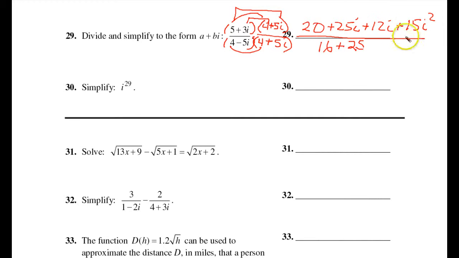But we know that i squared is a negative 1. So this is going to end up being a negative 15 here. A negative 15 and a 20 gives me a 5. And then this is a positive 5i. And our bottom becomes a 41 as we add those together.